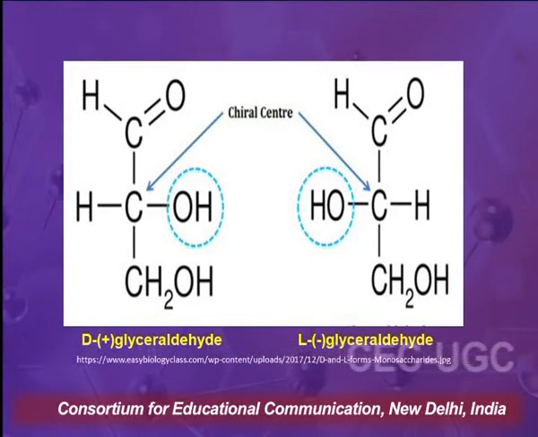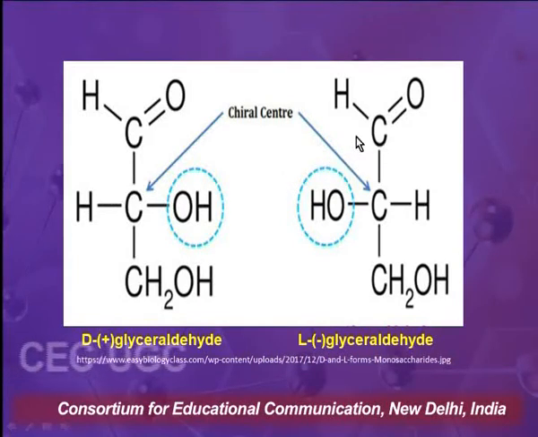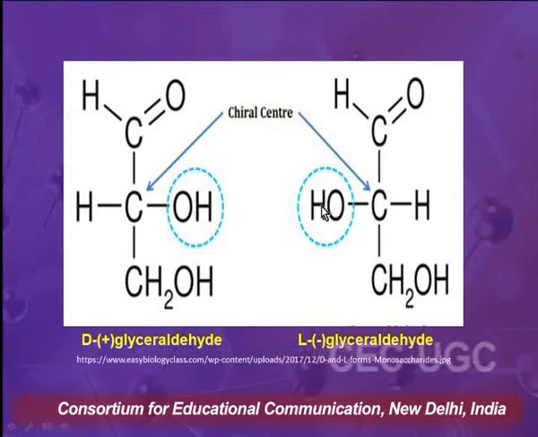The simplest aldose is a triose, which is glyceraldehyde. And Fischer found that this molecule was dextrorotatory. And similarly, he found that this molecule of glyceraldehyde, which had OH on the left hand side, was levorotatory.